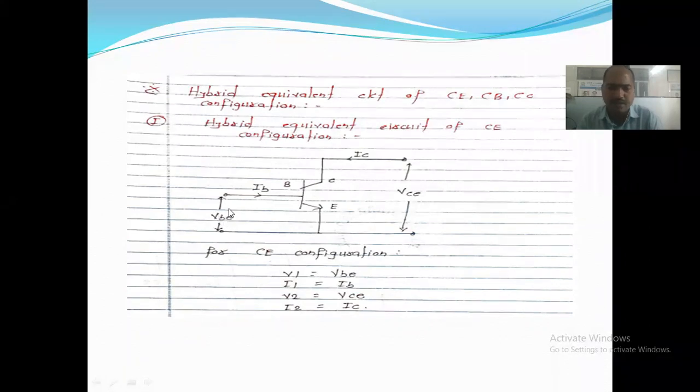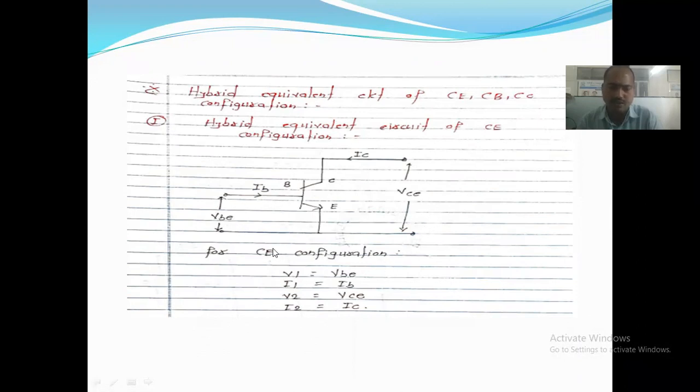And I1 means the current flowing through the input, that is IB. So V1 is VB, I1 is IB. At the same time there is the output current, which is called I2. So I2 indicates IC, and V2 indicates VC.